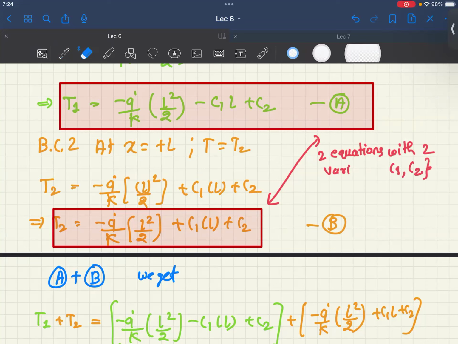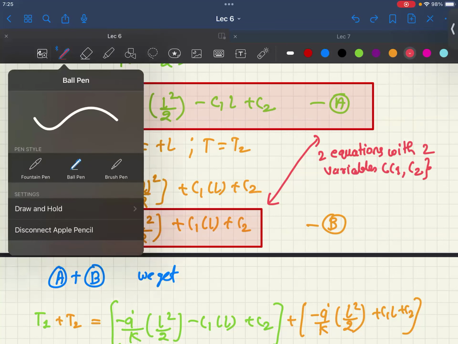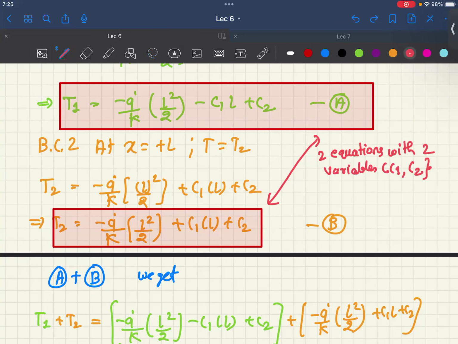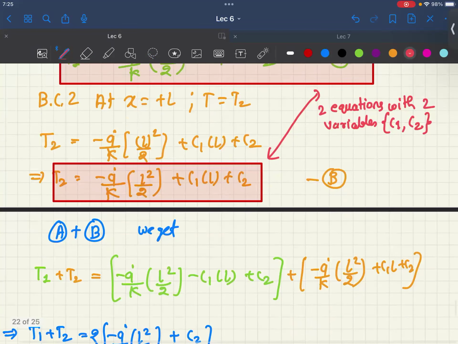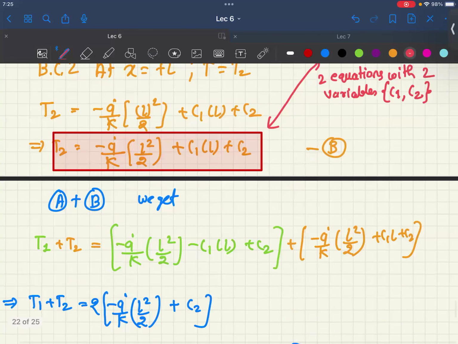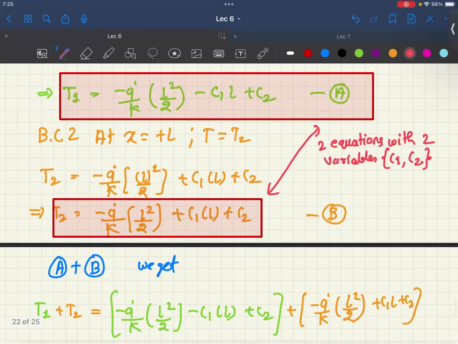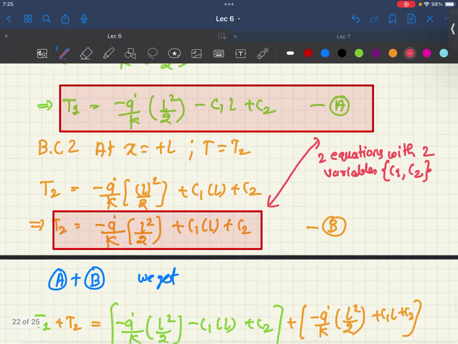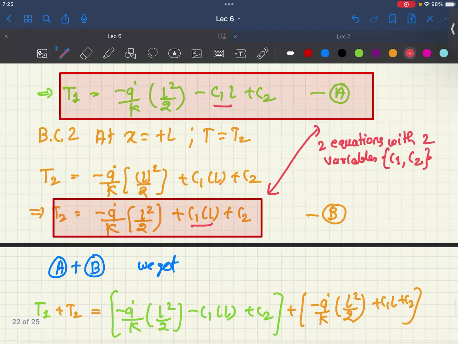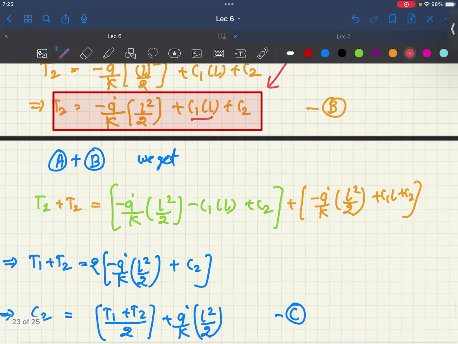We should be able to solve this; you can use any method to solve it. The way I have used it, you just add the two expressions, which eliminates the variable C1, right? Just mathematical manipulation, and you end up with this value of C2.